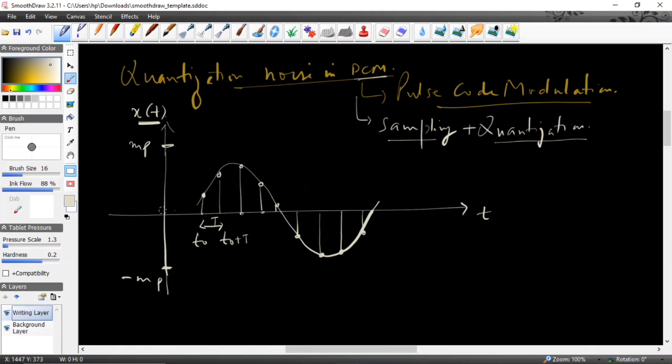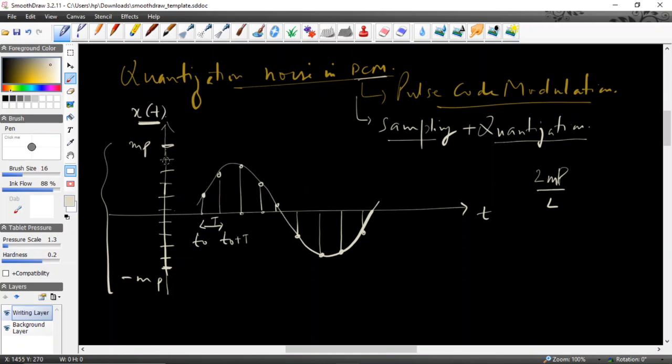Suppose I divide this into L intervals. The length of each interval will definitely be 2MP divided by L, because 2MP is the total magnitude range, and the entire range is divided into L intervals.